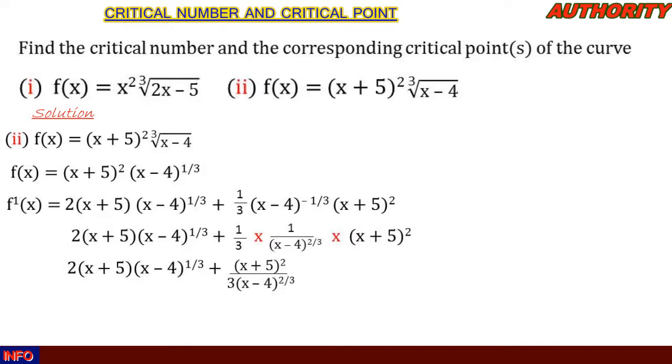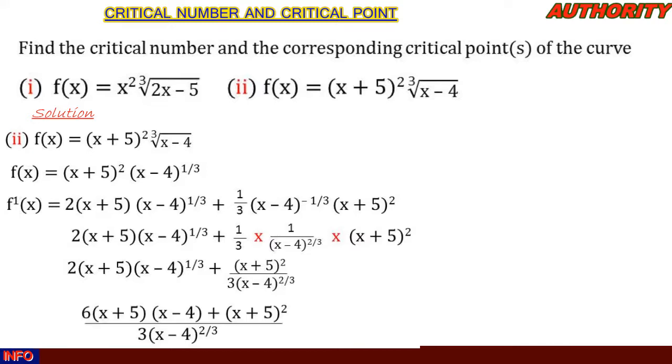All right, so when we combine this together, we are going to have 6 open bracket x plus 5 close the bracket, x minus 4 in bracket, plus x plus 5 in bracket raised to power 2, all over 3 open bracket x minus 4 close the bracket raised to power 2 all over 3.